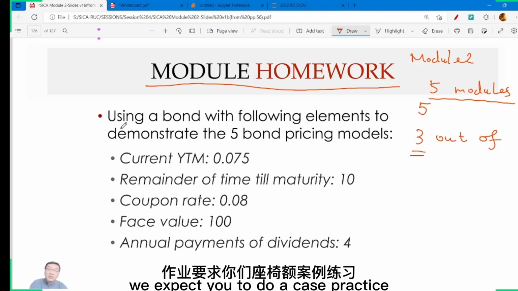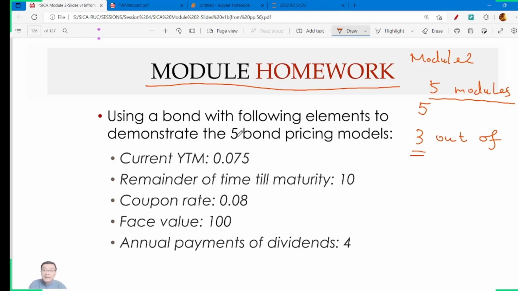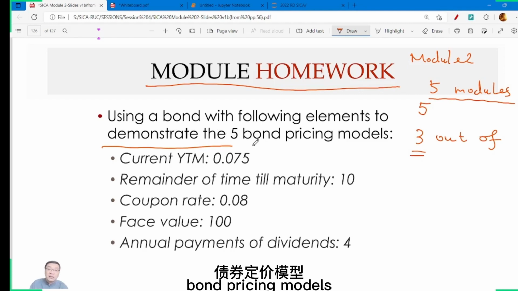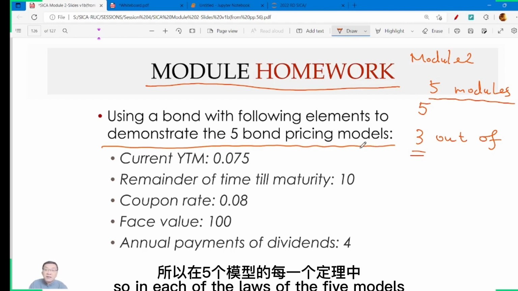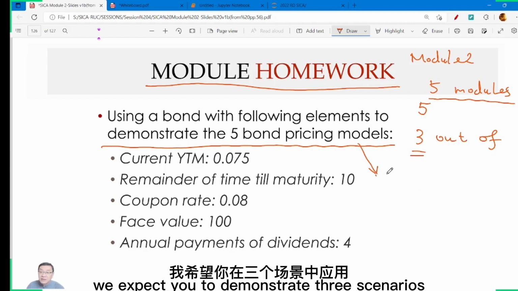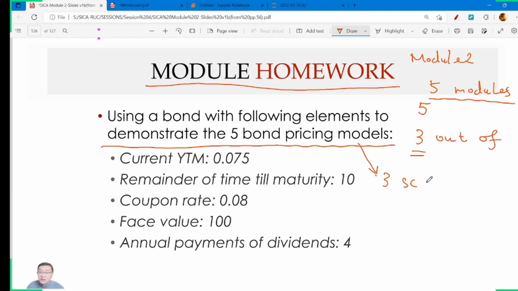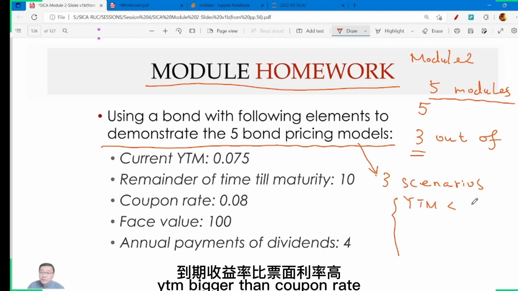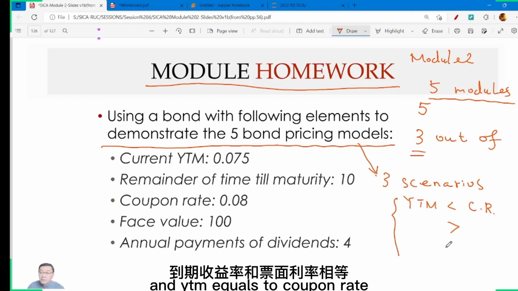We expect you to do a case practice and experience or demonstrate the 5 bond pricing models. In each of the 5 models, we expect you to demonstrate 3 scenarios. The 3 scenarios are YTM less than coupon rate, YTM bigger than coupon rate, and YTM equal to coupon rate.